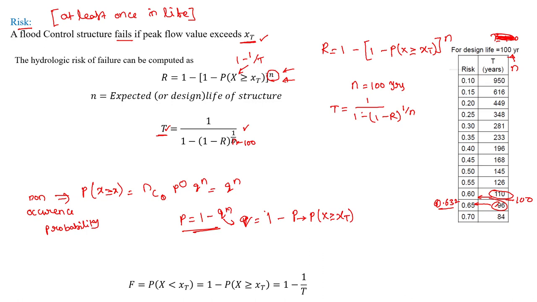Now imagine I have a risk I'm willing to take. Let's say I take 0.10 and calculate the return period. When the risk is low, the expected recurrence interval, meaning the time elapsed between occurrence of two events, is large.